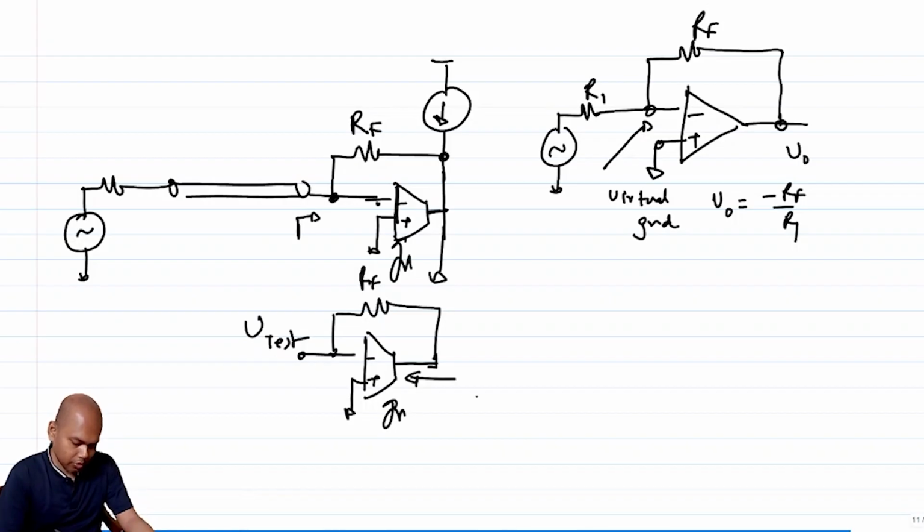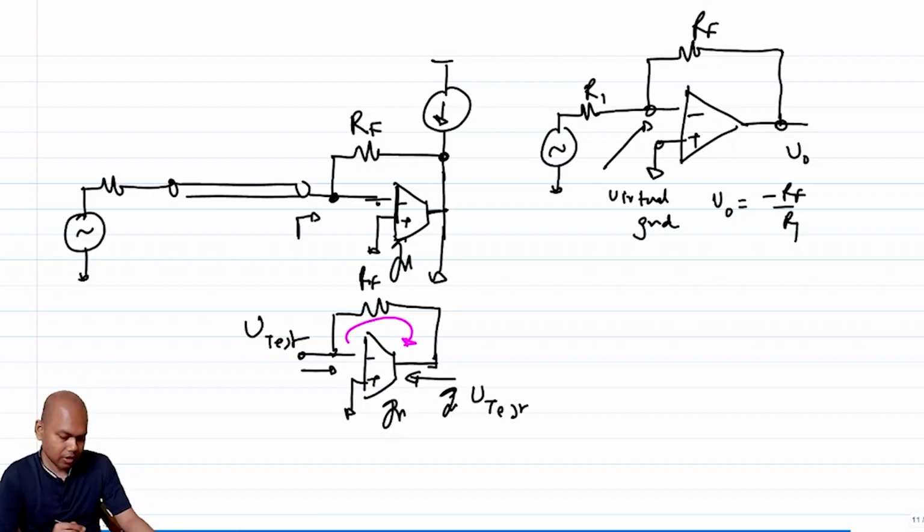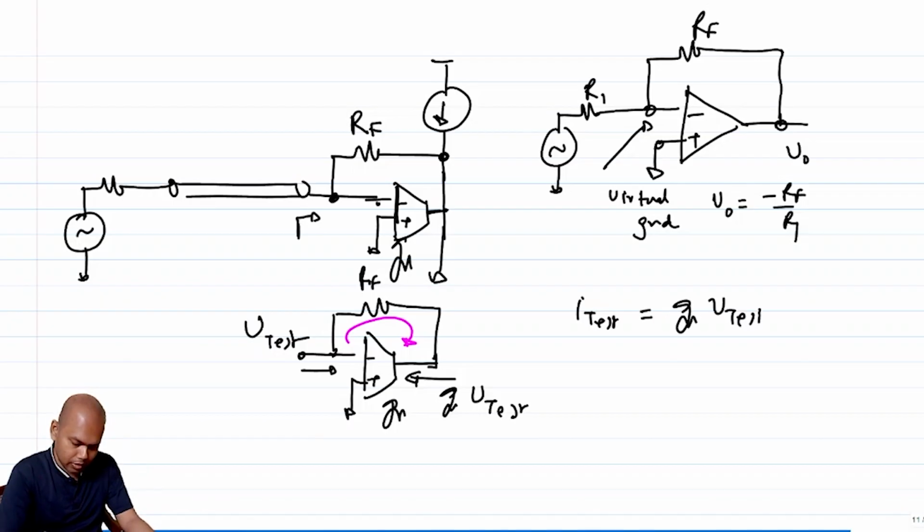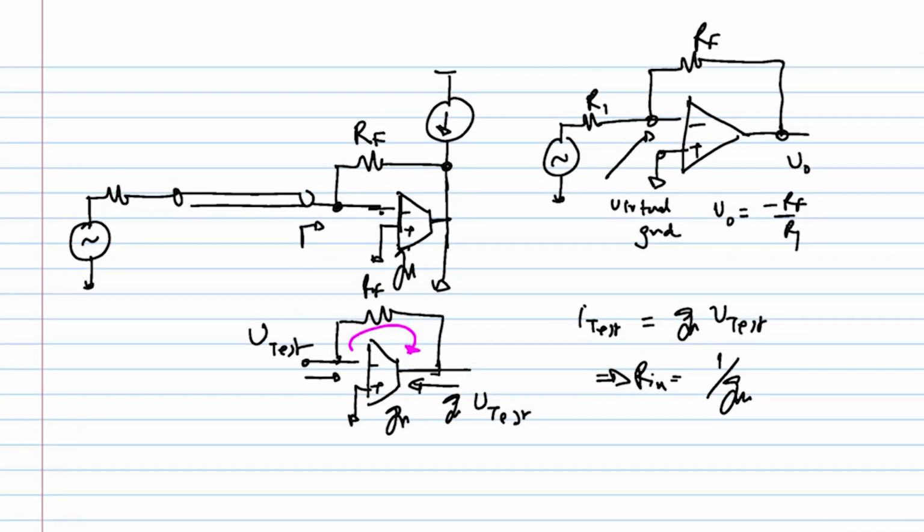So the current that goes in is Gm times V test, and this current essentially comes through this path. So your I test is essentially Gm times V test. So therefore Rin is 1 over Gm, correct?